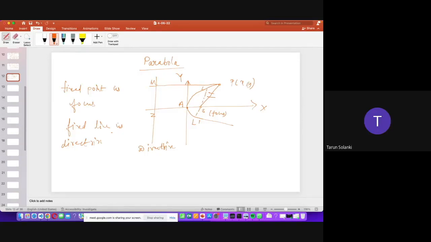Then by definition we can say PS is equal to PM, where PM is the length of the perpendicular from P on the directrix ZM. So this is all the basic things related to the parabola. You can note this down first.